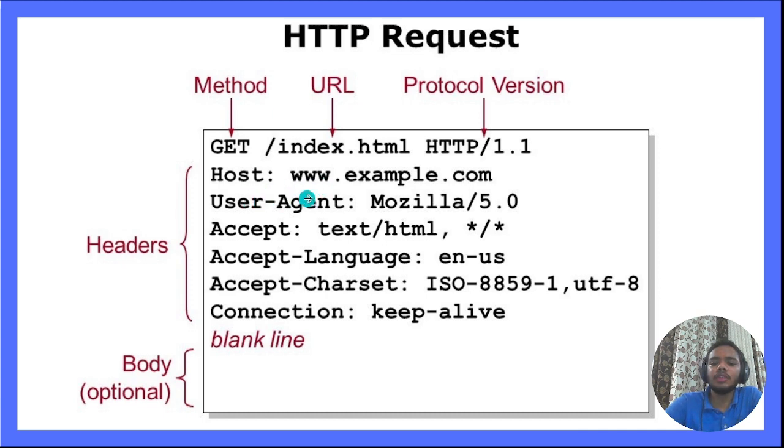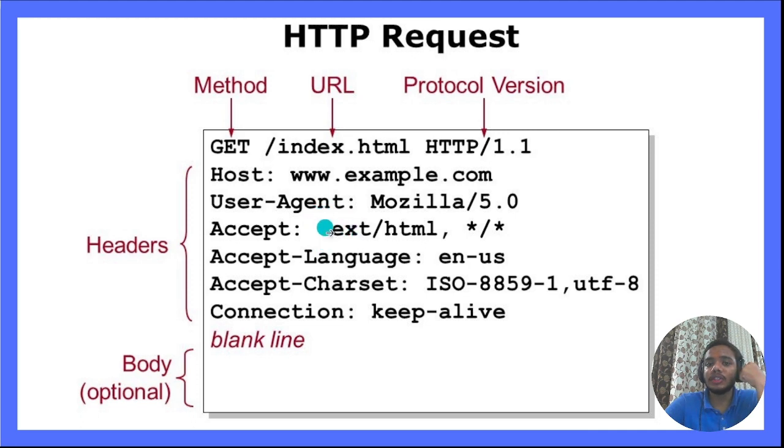Similarly, it has the user agent, or what is the agent of the user. Agent is basically the particular version of the browser or system that the host is using. Then there is Accept.